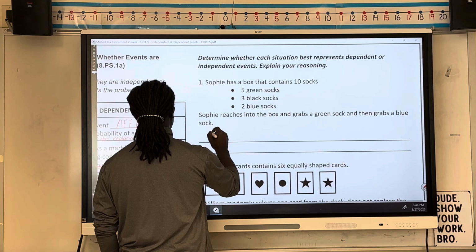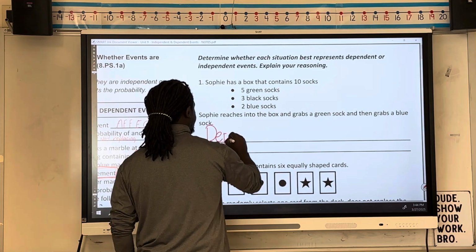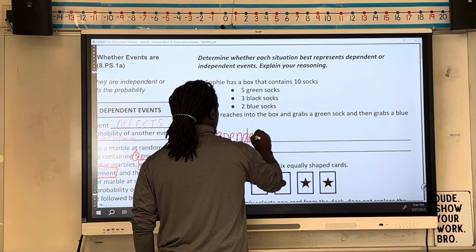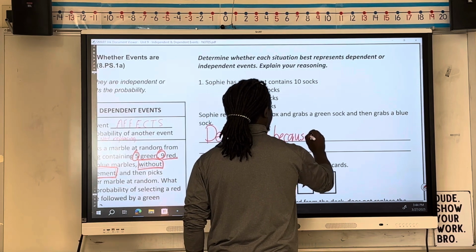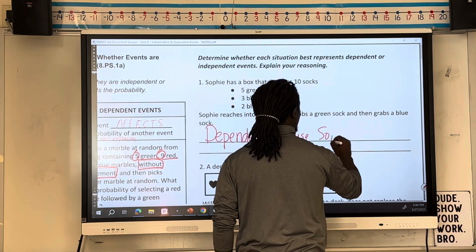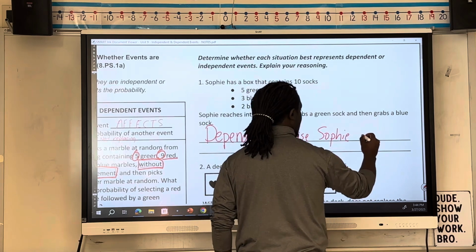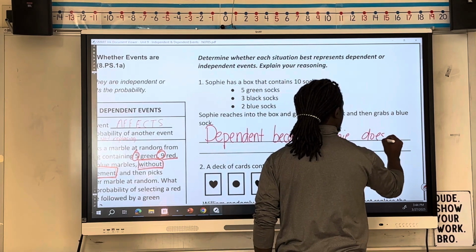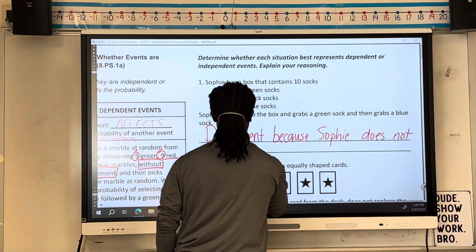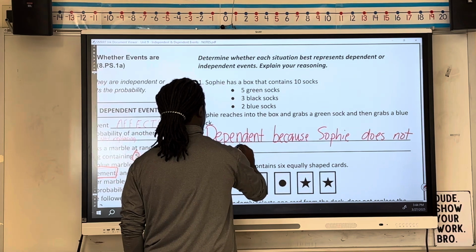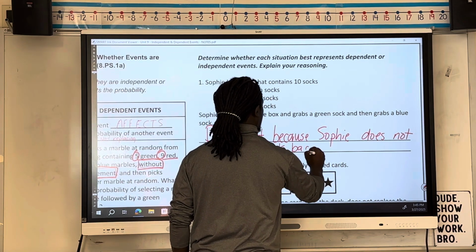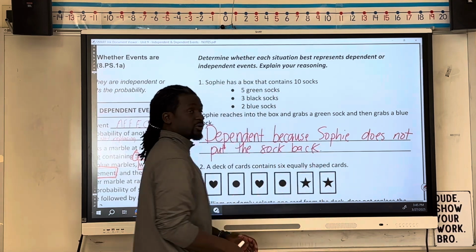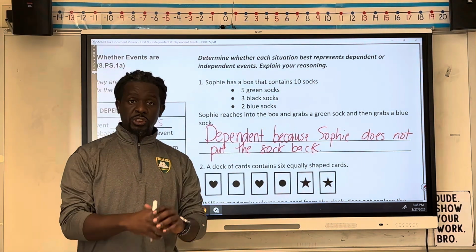So this is dependent because Sophie doesn't replace it, because she does not put it back. So when she grabs a sock the first time, she's going to lose one.